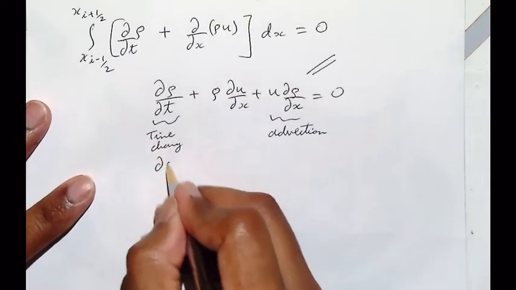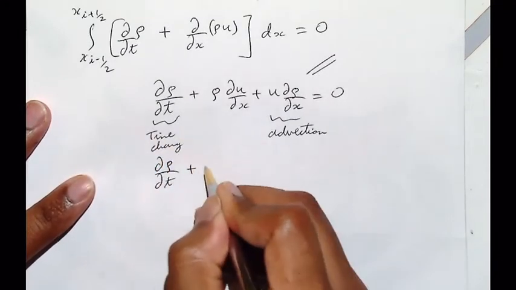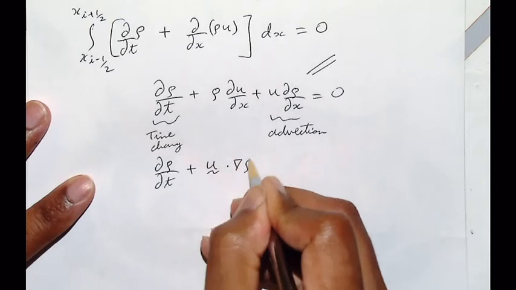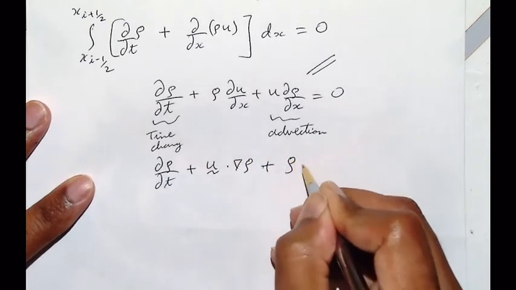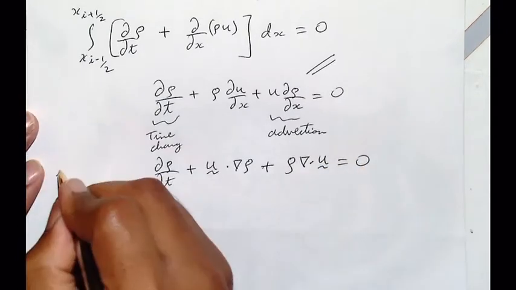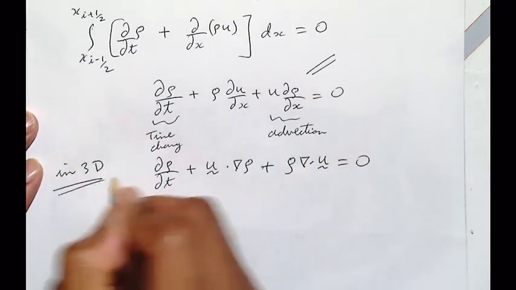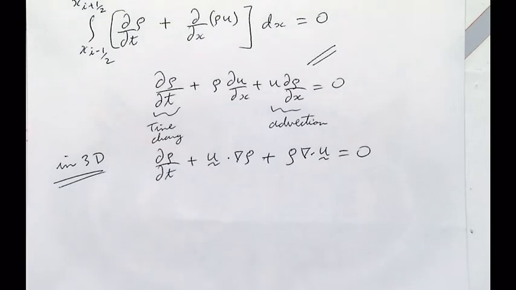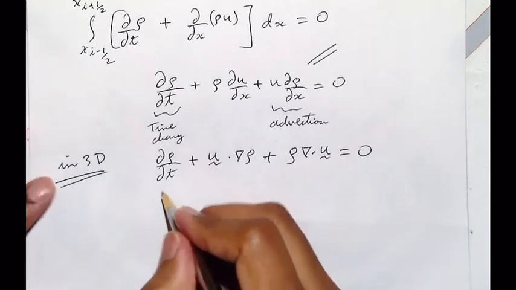We get del rho by del t plus u dot nabla rho plus rho nabla dot u equals 0. Okay, and this is what? This is conservation of mass.